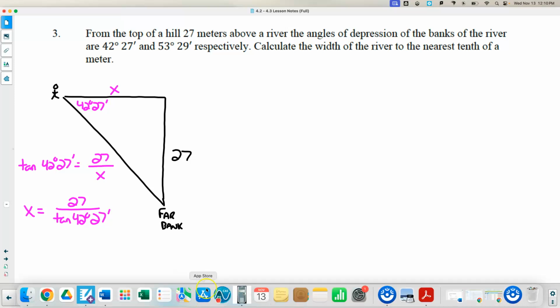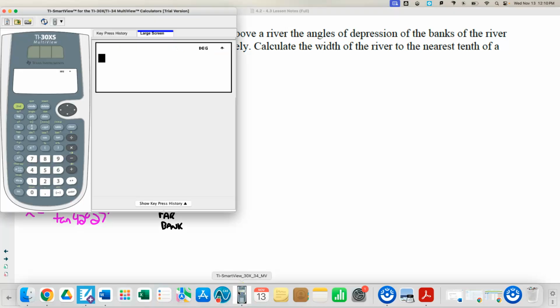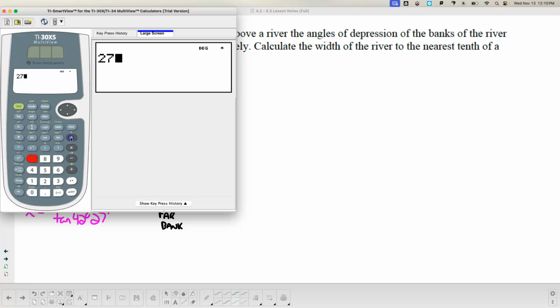A third option, most of you have the TI-30X IIS, this calculator, the most common calculator out there. We need to go 27, and we need to divide that by the tangent of 42 degrees. Well, on these calculators, there's this wonderful key in row 2, third position, that looks like a degree, minutes, and seconds symbol.